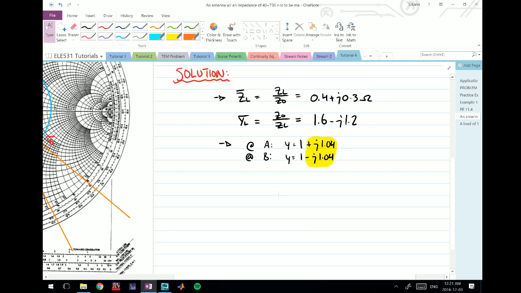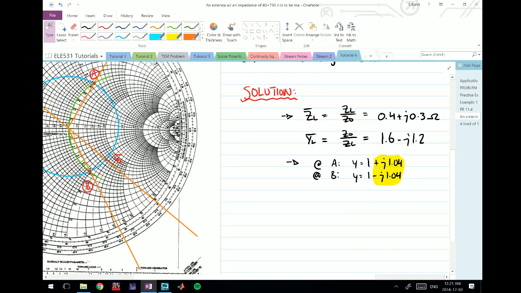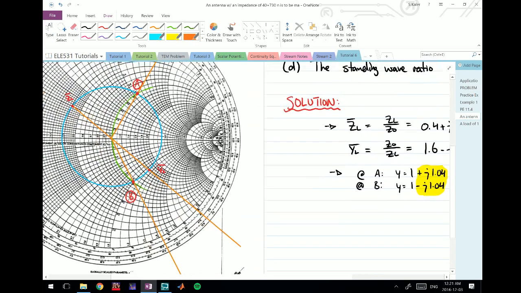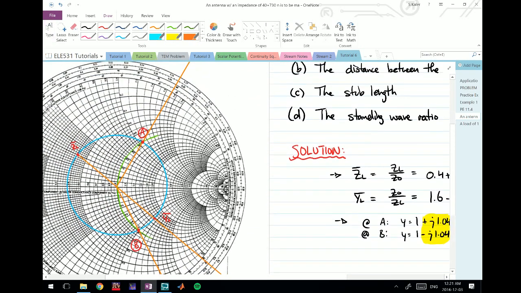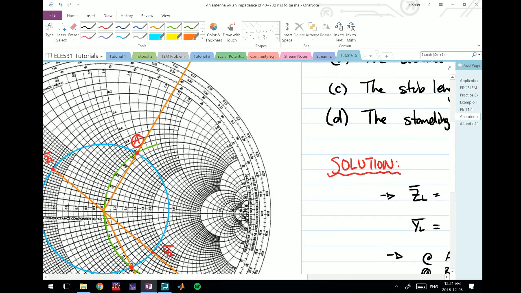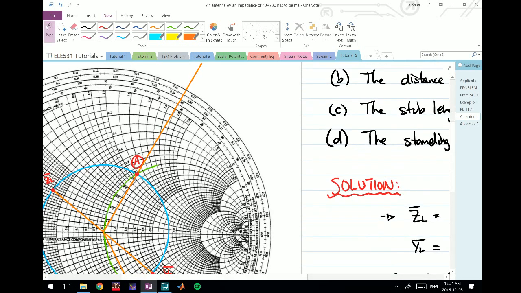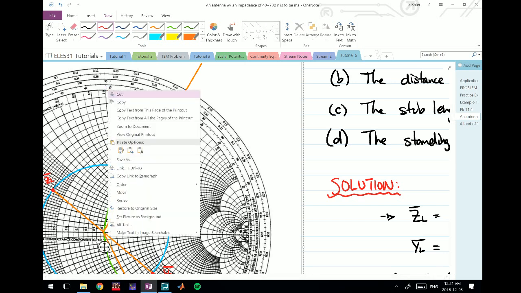This is a condition of impedance matching that we talked about in the previous video on single stub tuning matching methods. So what we want now is to take this point and project it onto this circle here. That projection was probably pretty bad. I said it was 1.04, so it should be about 1.04.